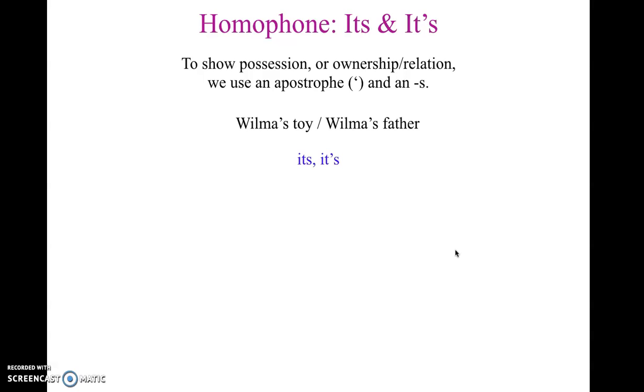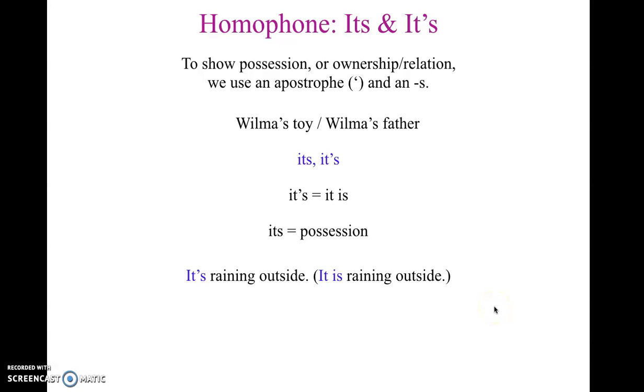So it's and its. It's with the apostrophe means it is. It is a contraction, just like we saw with they're. So we're missing the I. Its without the apostrophe means possession. It means the same as this up here. It's raining outside means it is raining outside. Its bone is outside.